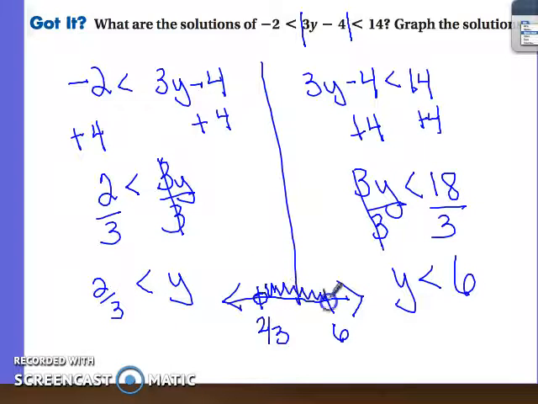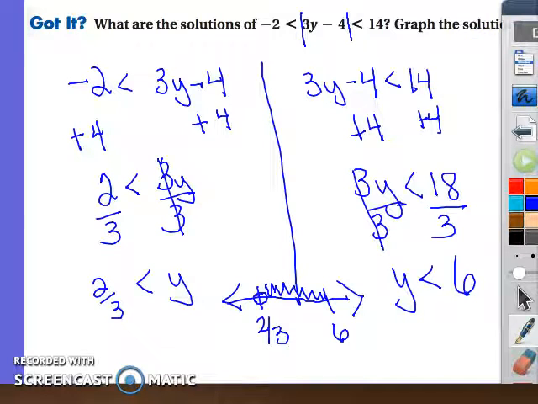So it's going to be anything this way. I should highlight it so I know, it's going to be anything this way, and then the next one I highlight is going to be the other way. So 6 is going to go here, an open circle, and y is less than 6, so it's going to go this way, and wherever those two meet is going to be your shaded area.